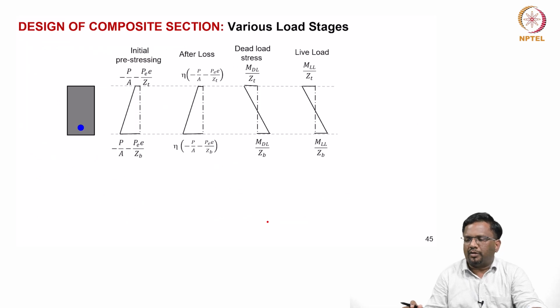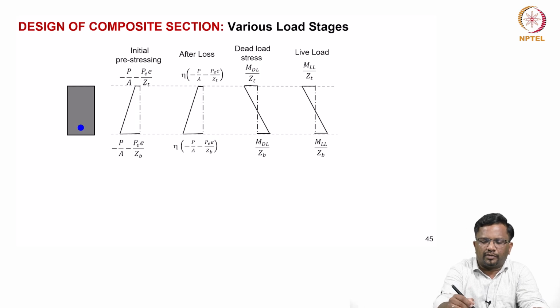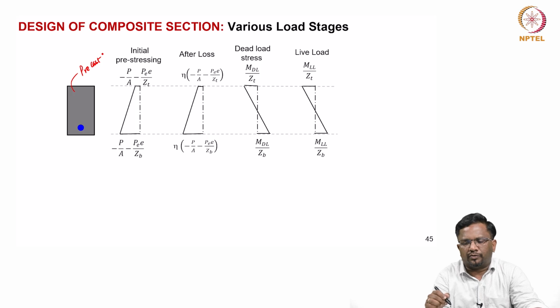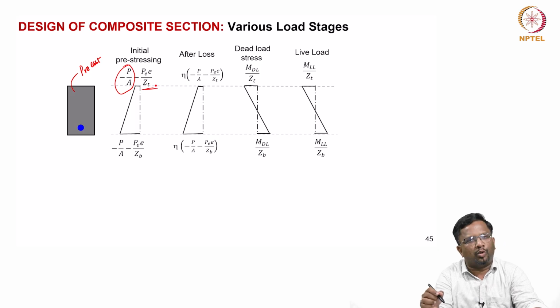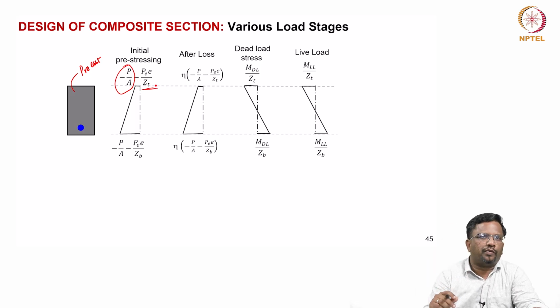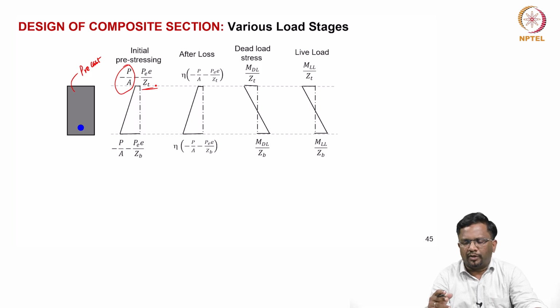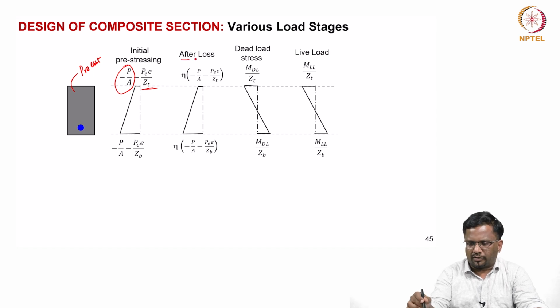Now, these are the various load stages. Again, just a quick recap. If you take this as a precast element, it will be subjected to initial pre-stress. You will have 2 components, the concentric stress component and the pre-stressing moment component, depending upon whether you are doing the calculation at the top fiber or bottom fiber. Accordingly, use your section modulus. Now this is after loss.